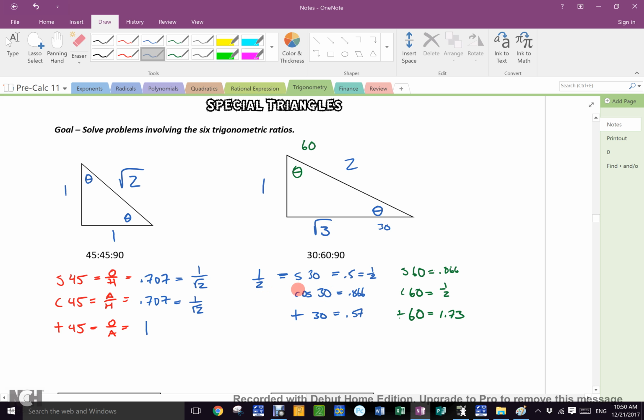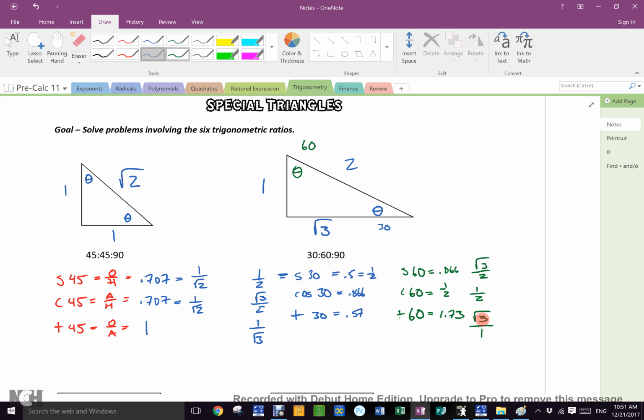The cos of 30 is √3/2. And the tan of 30 is 1/√3. The sine of 60, √3/2. Cos of 60, 1/2. Tan of 60, √3/1, which is just √3. Everybody cool?